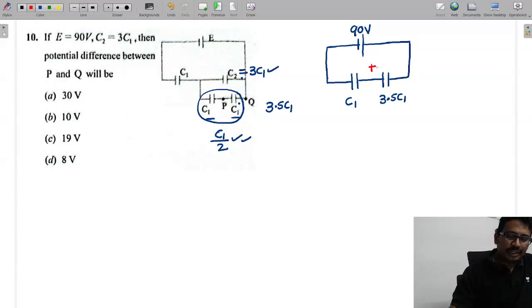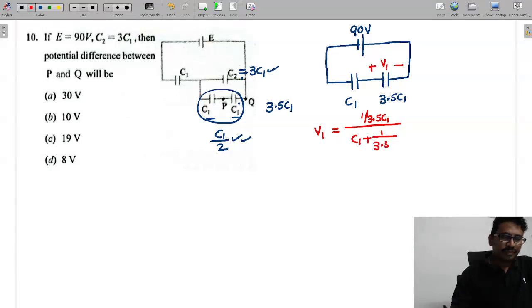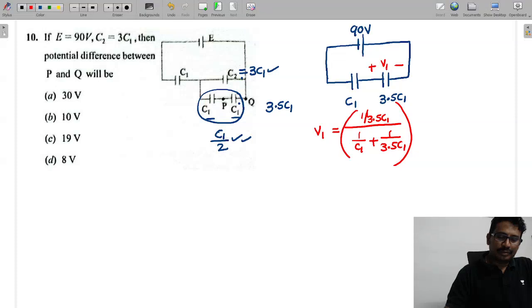Now the voltage across this I am finding as V1. V1 is equal to, inversely, 1 by 3.5 C1 divided by 1 by C1 plus 1 by 3.5 C1, into the total voltage given as 90.